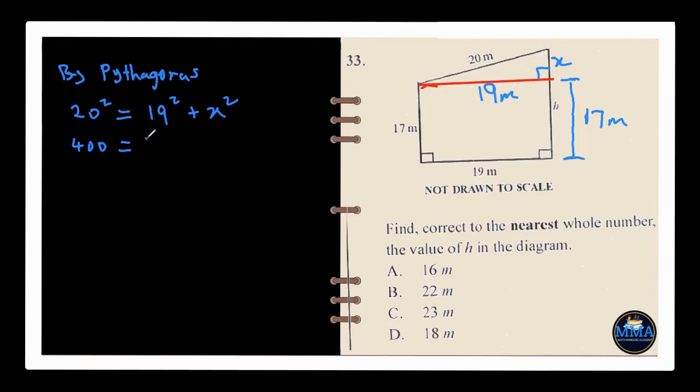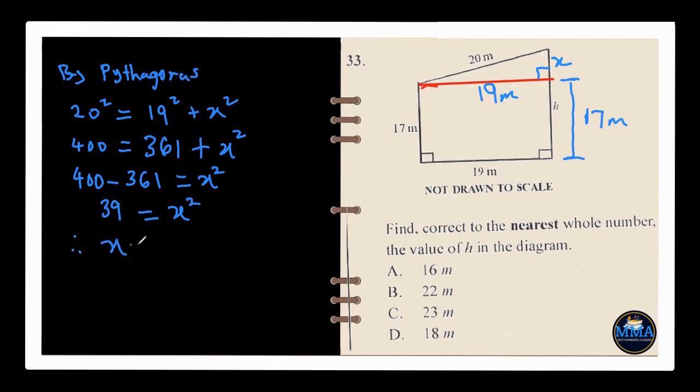So this is 361 plus x squared. So we have 400 minus 361 equals x squared. Now, 400 minus 361 is going to give us 39. So this side, we are left with 39 equals x squared. So we take the square root of both sides. Therefore, x is equal to the square root of 39.